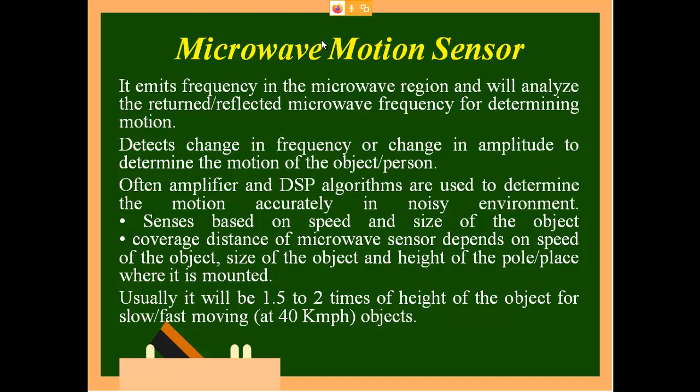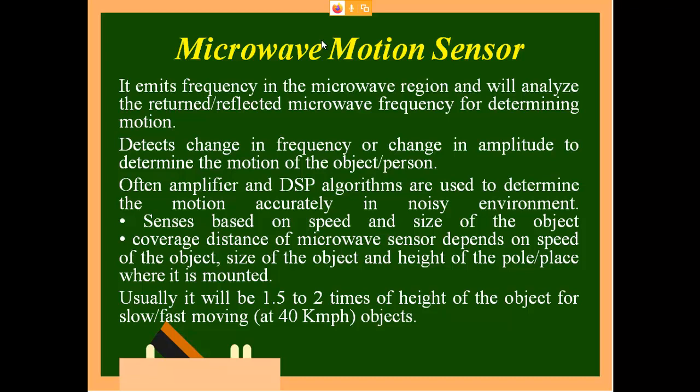For every 20 milliseconds it is turned off and on, but our eyes are unable to visualize such short intervals. That is the case for normal frequency, whereas microwave is in the order of gigahertz. So obviously we cannot identify the change from 1 to 0 and 0 to 1.